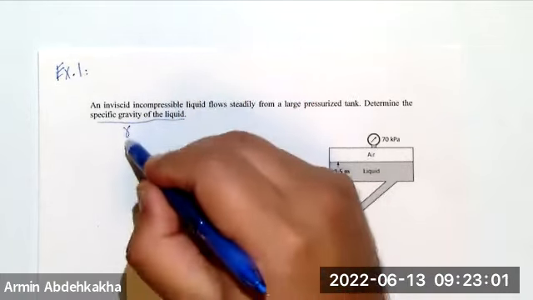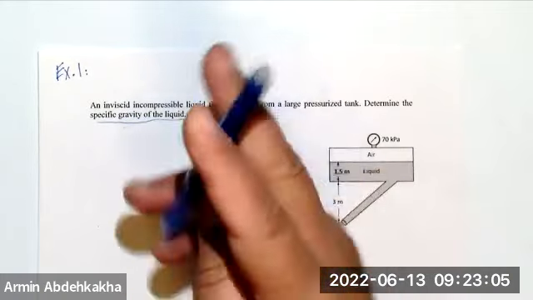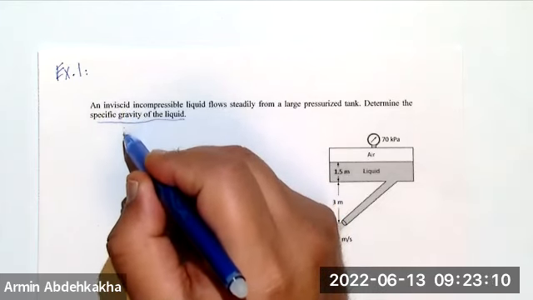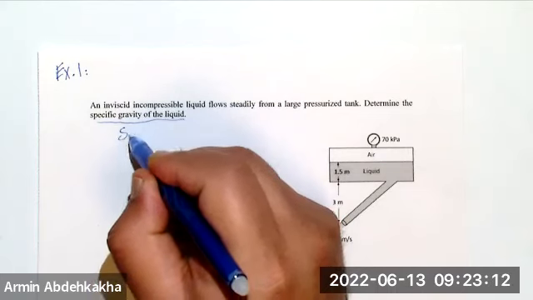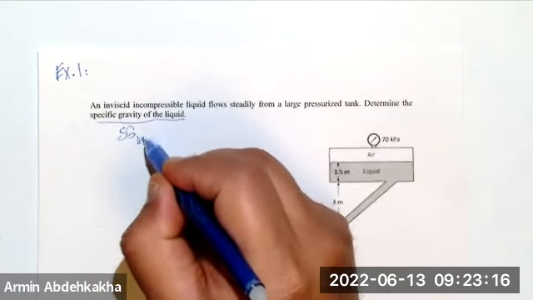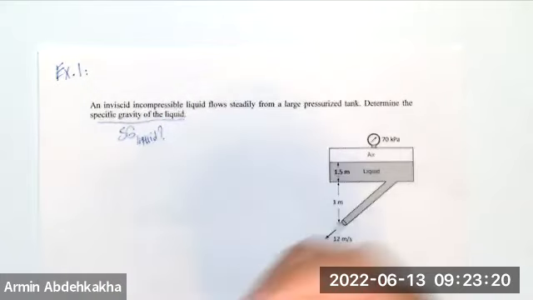It asks what is the specific gravity. So SG is requested. Well, anyway, it actually asks you what is the density of that. So what is the SG of the liquid, right? That's the question.